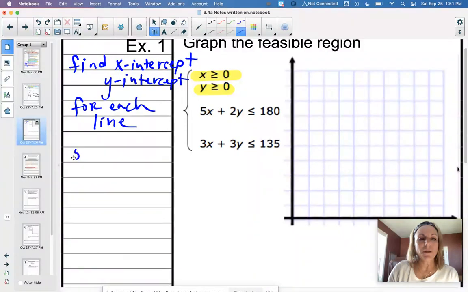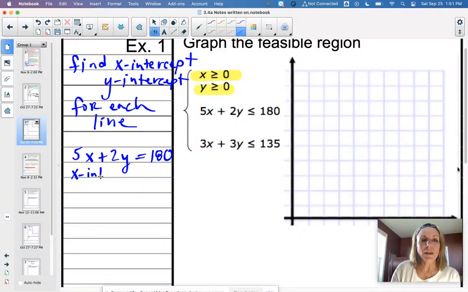I'm going to start with 5x plus 2y, and I'm just going to say that equals 180. I'm not going to worry about the inequality right now because I'm not shading. I'm just trying to find the x and y intercept. To find an x-intercept, we have to set y equal to 0 and solve for x.